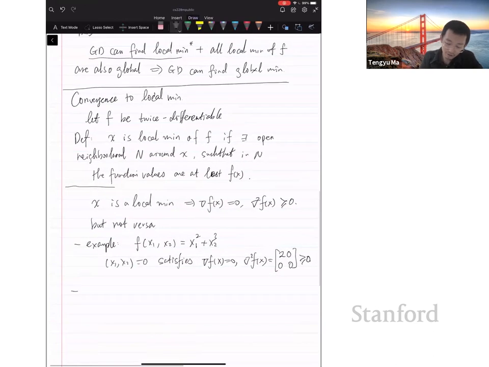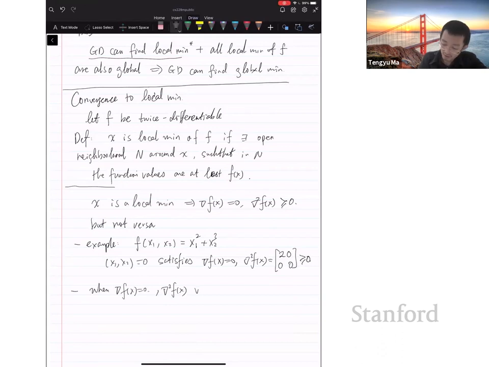So basically, from this example, you can see what happens. Why is this a problem? Fundamentally, the problem is that the gradient of f at x is 0, and the Hessian is not strictly positive definite, it's just positive semi-definite.